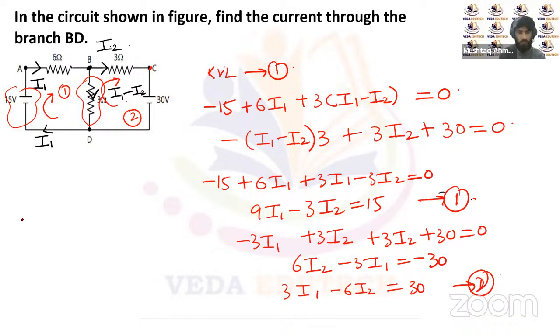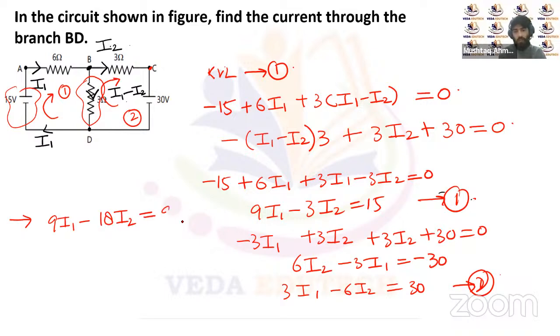What we can do is just solve these equations. If you multiply this equation on both sides with 3, what we'll get is 3I1 minus 18I2, that's equal to 90.